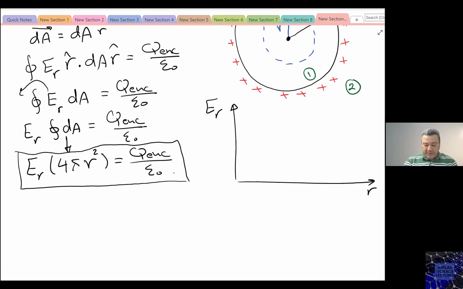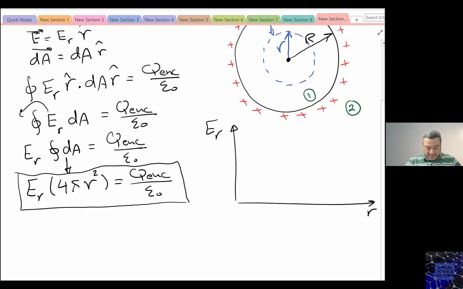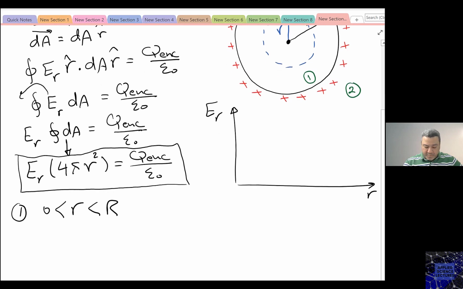Now at region number 1, this is the first region where I need to apply Gauss's law. In region number 1, we have the variable r smaller than capital R. We are within the spherical conductor, so r goes from 0 to capital R for this region.